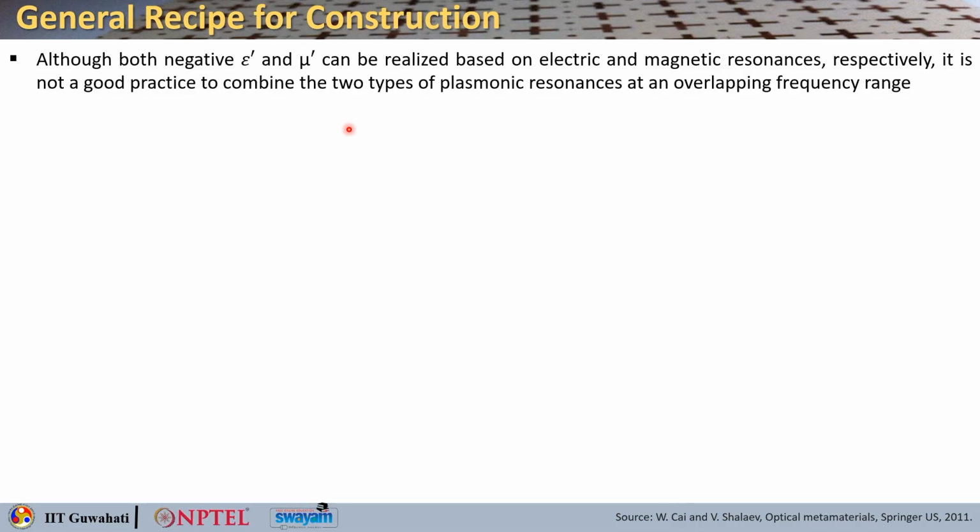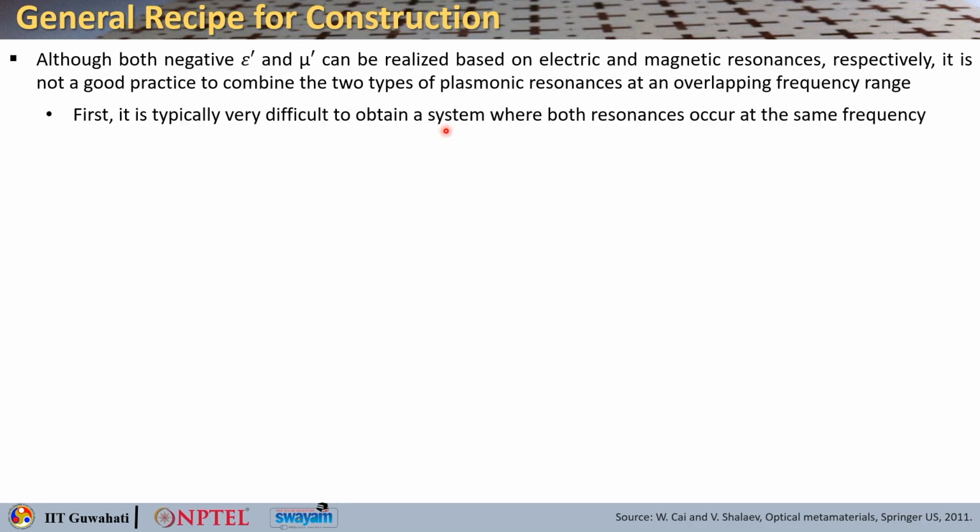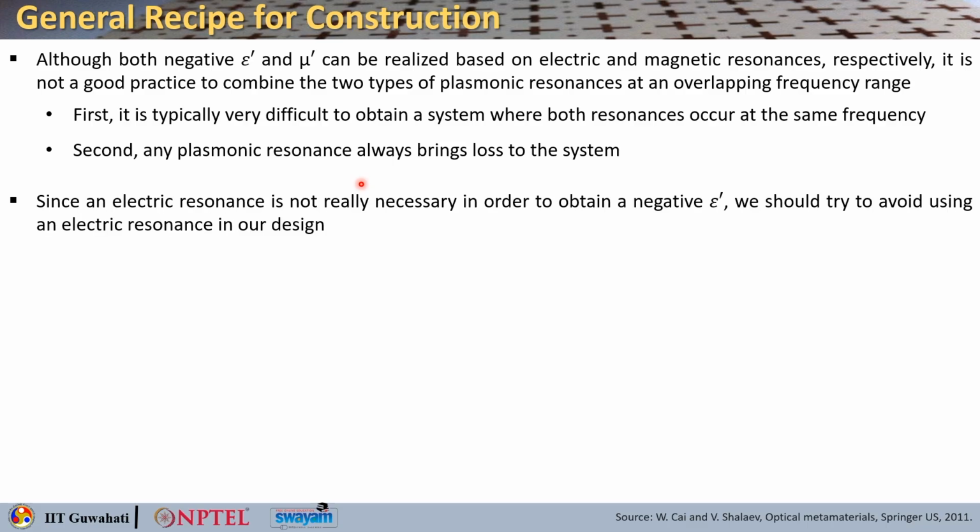Although both negative epsilon prime and mu prime can be realized based on electric and magnetic resonances respectively, it is not a good practice to combine the two types of plasmonic resonances in an overlapping frequency range. The reason is, first, it is typically very difficult to obtain a system where both resonances occur at the same frequency, and second, any plasmonic resonance will always bring loss to the system.